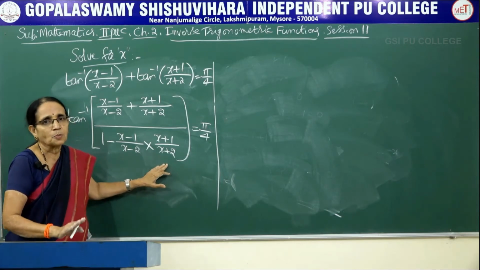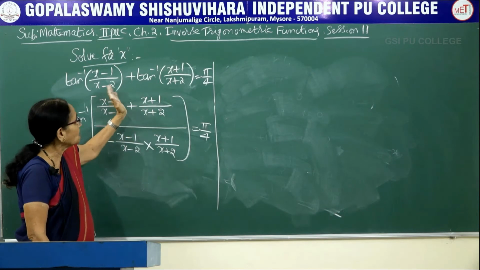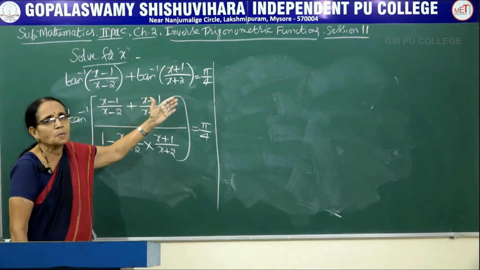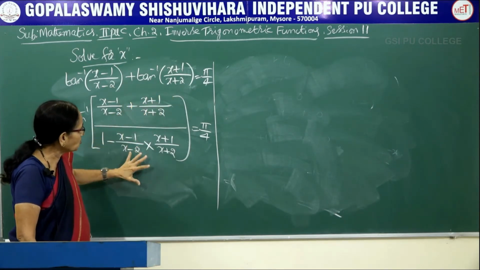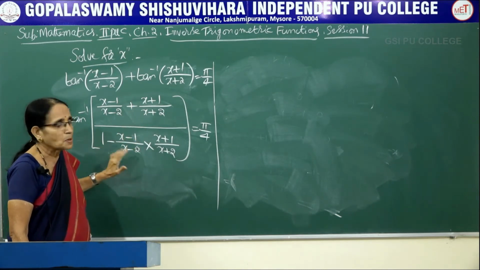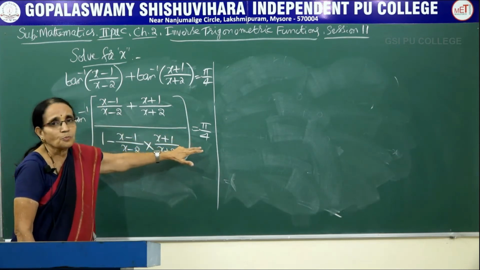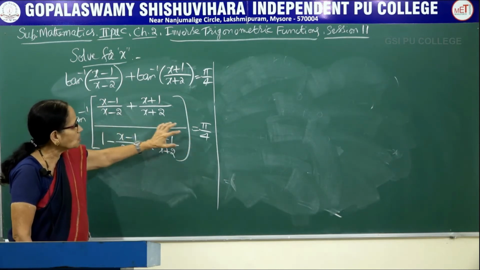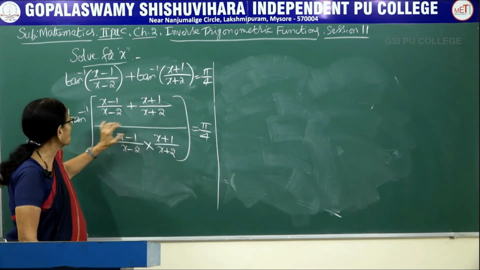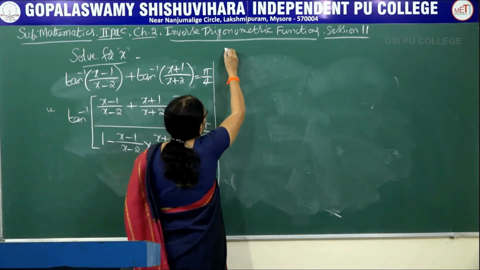I am using the same property, but here the terms inside the bracket are a little bit complicated, so you have to be careful about the arithmetical calculation inside the bracket. So the whole of this can be written as tan of pi by 4. Tan inverse of something equal to pi by 4 means this function could be written as tan of pi by 4. So let me write that one.